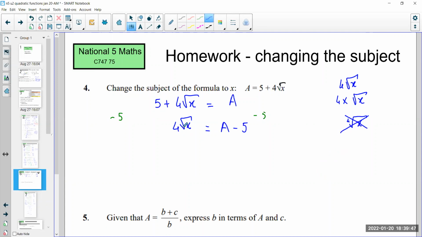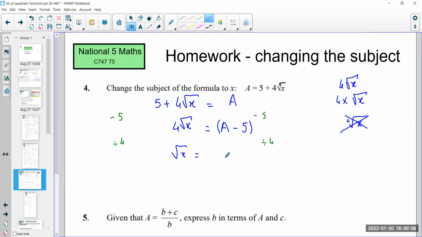Okay, so the next thing I want to get rid of is the 4. It's times 4. What's the opposite of timesing by 4? Divide by 4. Again, so that I'm not going to mess up a minus 5, if you want, you can put the brackets there. So next thing is divide by 4 both sides.